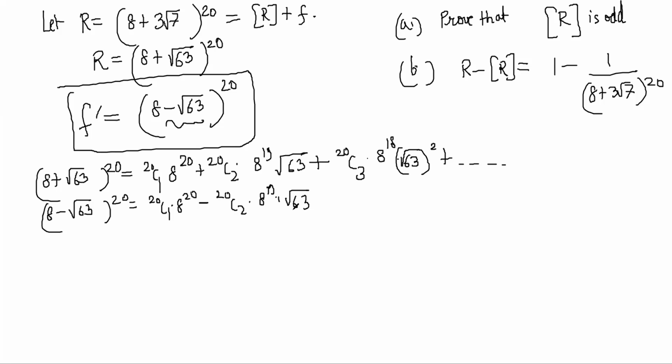You understand what is happening, no? This is 20C1, this is 2, and if I add it, this will get cancelled. So I'll be left with these type of terms, with square terms. Addition is making more sense, right? So you get I plus f dash.